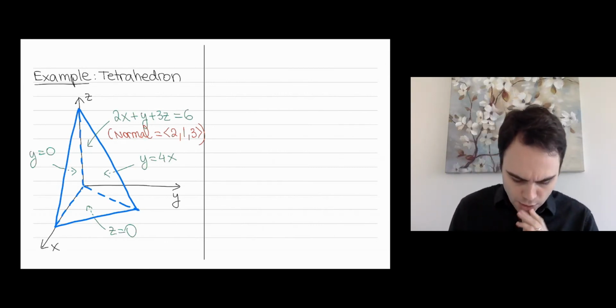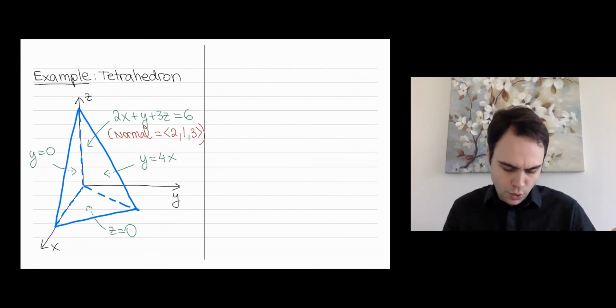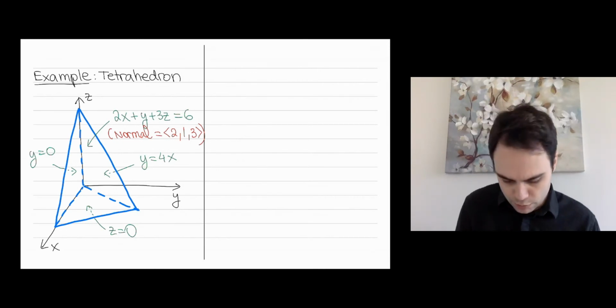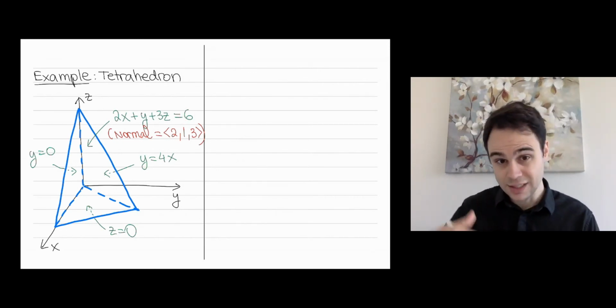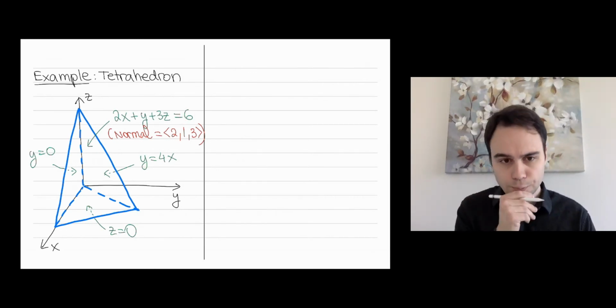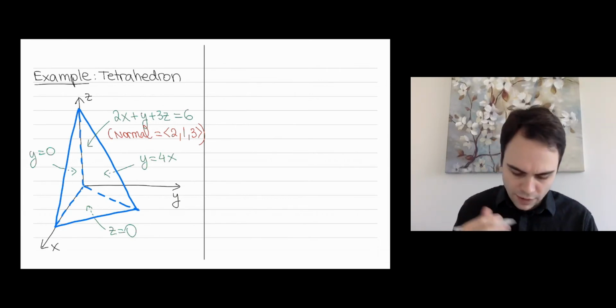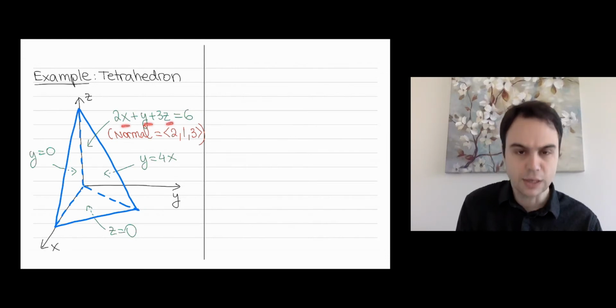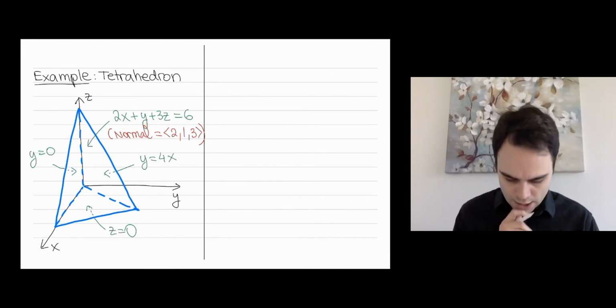Also, the plane I drew may not go through the origin because the right-hand side is 6 rather than 0. In fact, it does not go through the origin because 0, 0, 0 does not satisfy this equation.